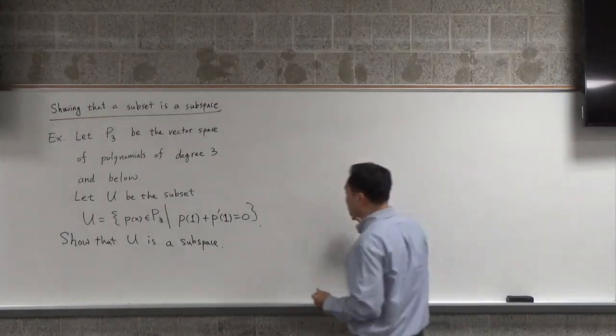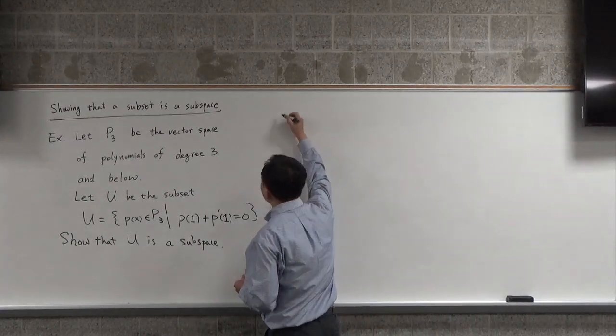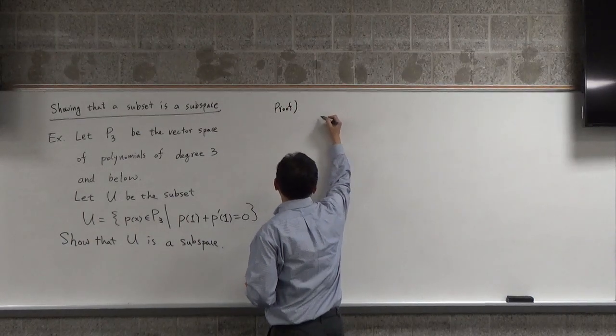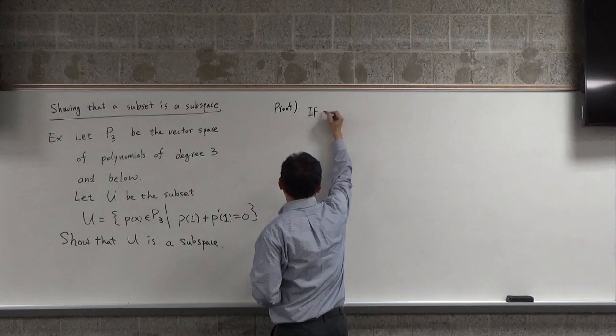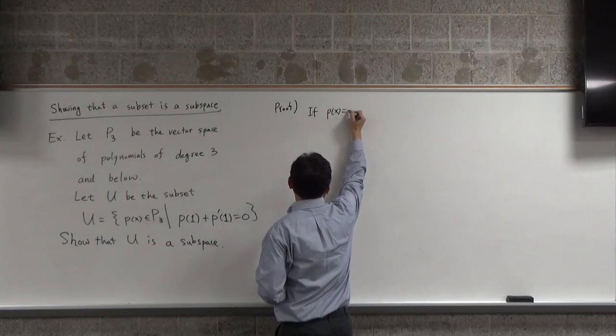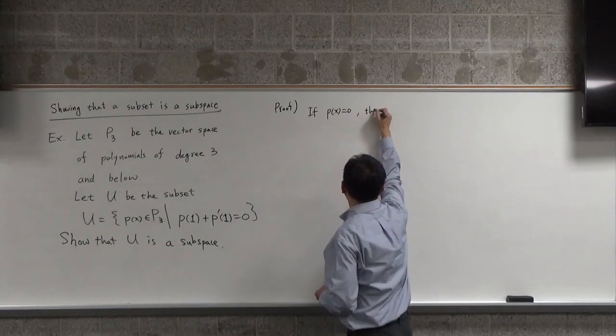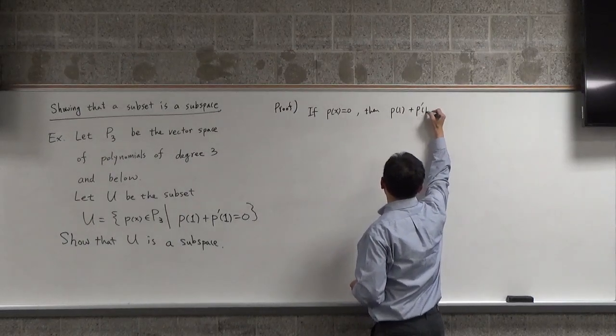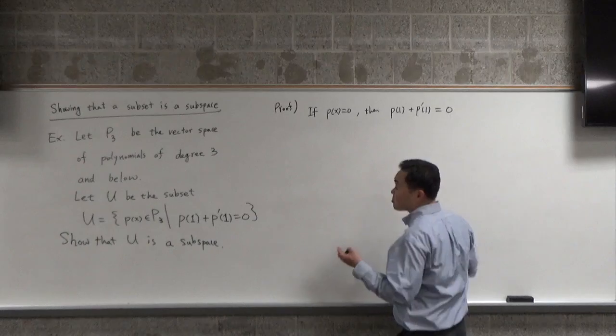All right, so let's do it in 3 steps. So proof: if P of x is 0, then P of 1 is 0, and P prime of 1 is 0, so this is a 0, almost trivially.